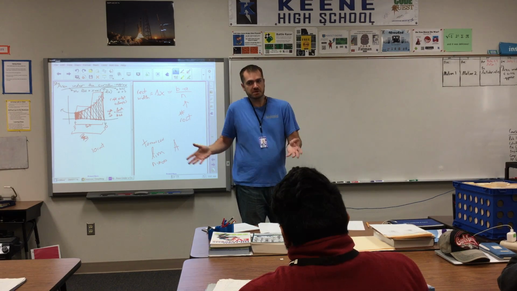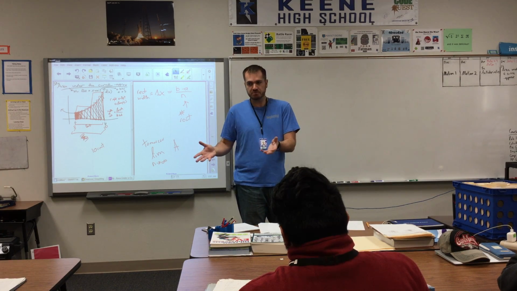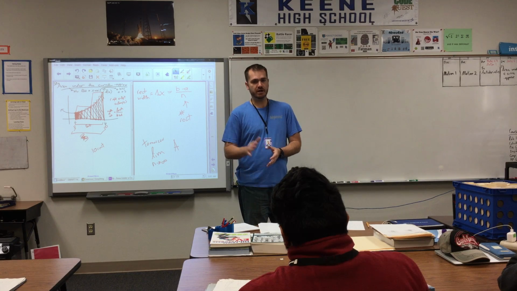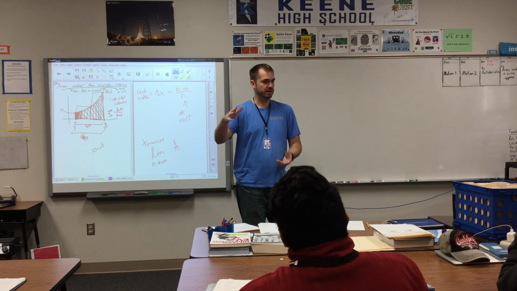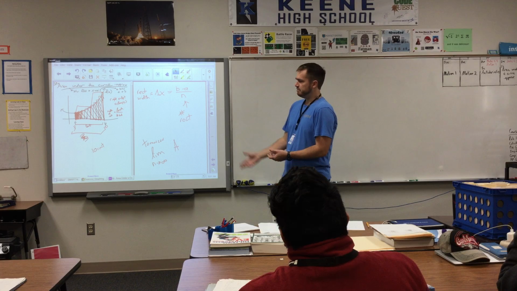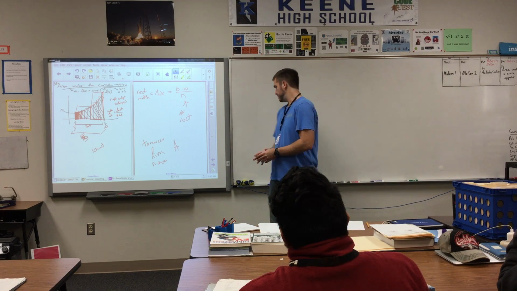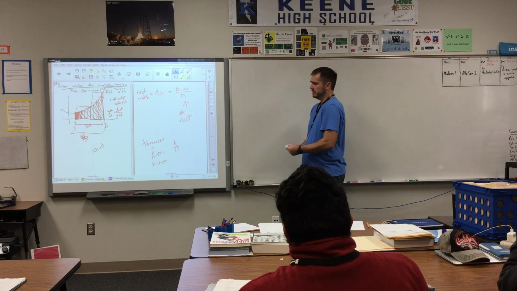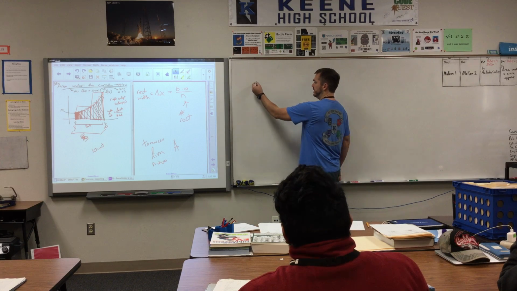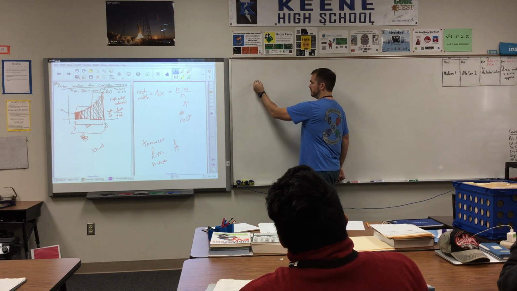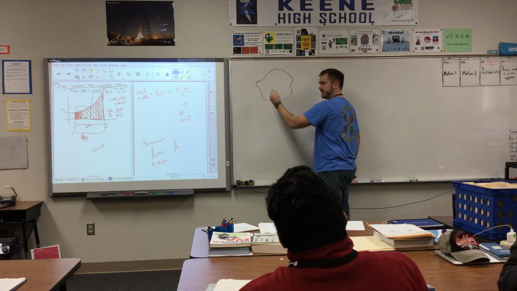But I think you could imagine there are plenty of good reasons why you want to find the area of something that was maybe curvy. There are lots of things in the world that are not exactly straight lines.